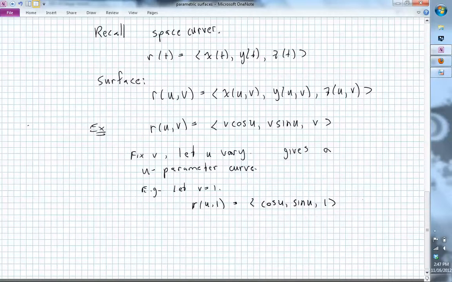What does it describe? It's a circle, and where is it? It's a circle of radius 1. Where is it? It goes around the z-axis at a height of 1 above the xy plane, right?